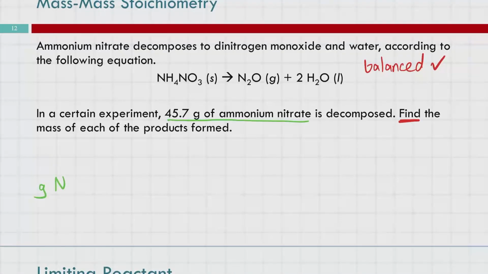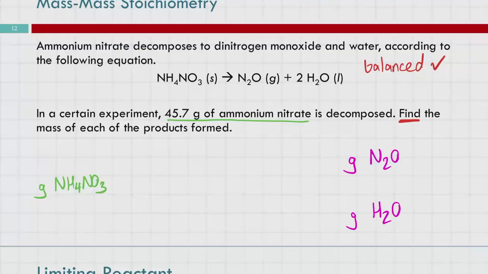So grams ammonium nitrate going to grams dinitrogen monoxide and also grams H2O. Oh, what fun. So there's an easier way to do this. There's two ways that I can imagine us doing this.